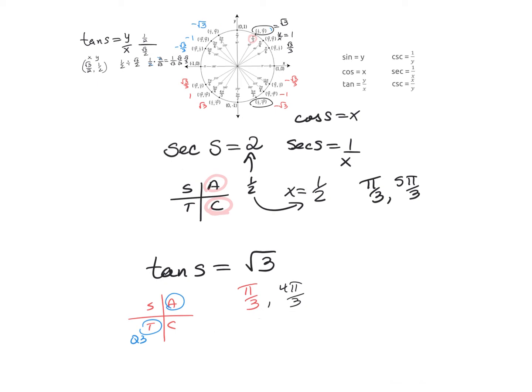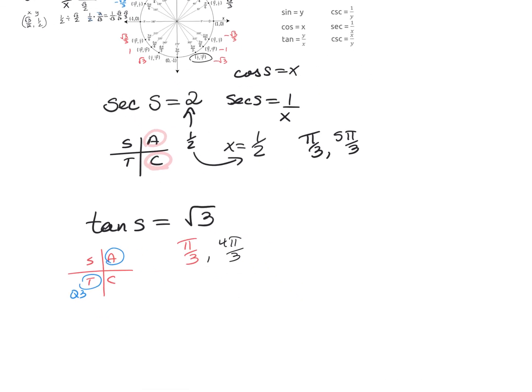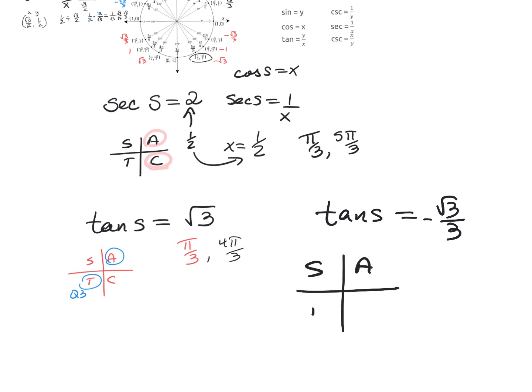Now let's try a different one. Let's do tangent of S when it equals negative root 3 over 3. So again, all students take calculus. Tangent is negative here and here.